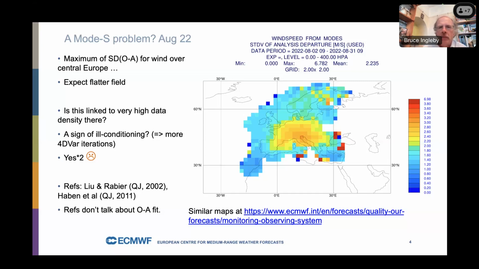I expected it to be flatter. Now the bits around the edges are almost certainly due to small sample size. I'm not worried about those. But the bit in the middle, I had two questions. Is it linked to very high data density there? And is it a sign of ill conditioning? And it turned out the answer was yes to both of those questions.